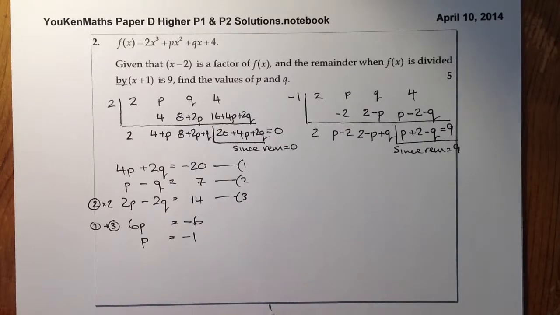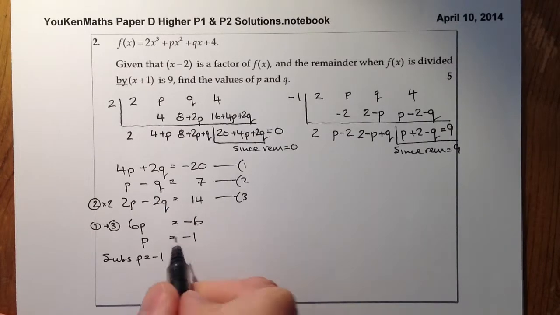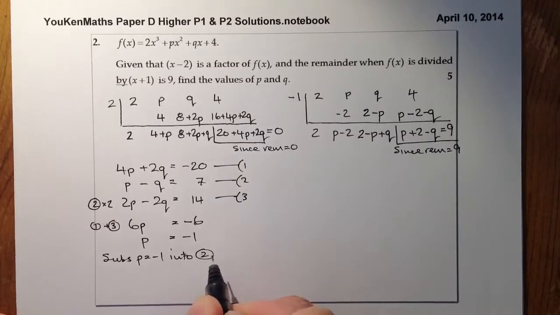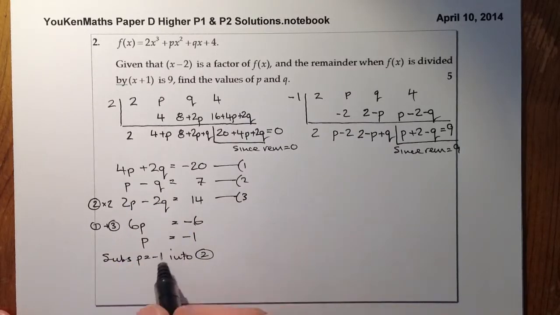What we'll then do is substitute p equals minus 1 into equation 2. That looks like the easiest one to do that into. So I've got p minus q, so minus 1 minus q is equal to 7.